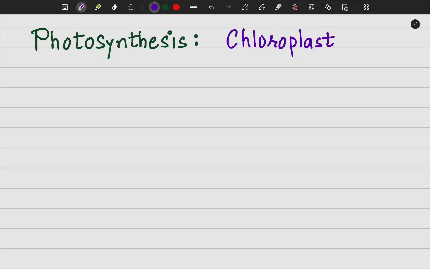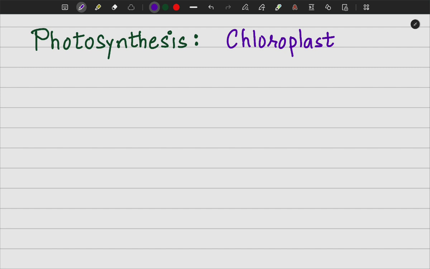In this session, we are going to start with a new topic, that is photosynthesis, and we will briefly discuss photosynthesis and the structure of chloroplast. So let us start. Photosynthesis, as we all know, is a process by which the green plants prepare their own food.